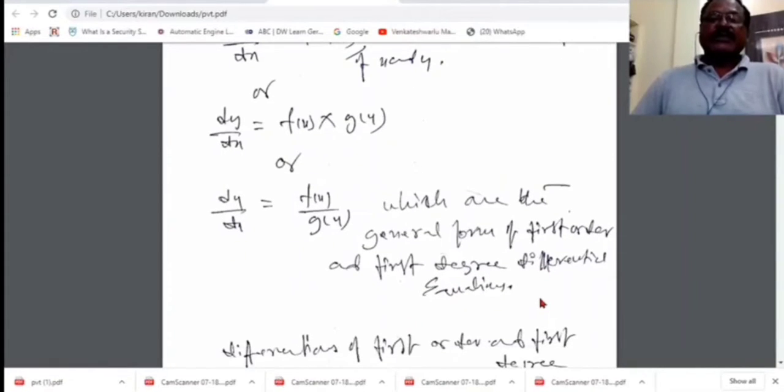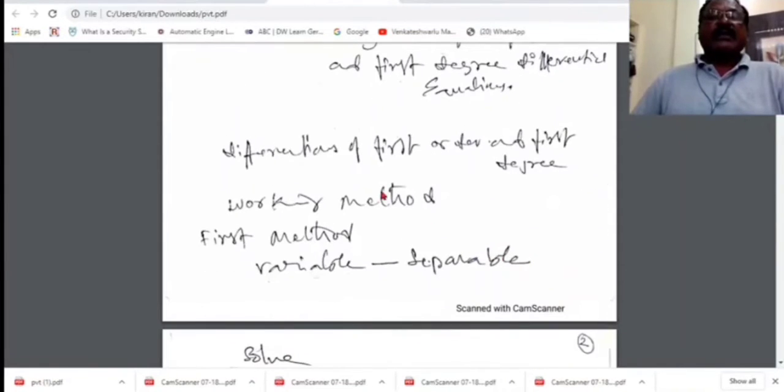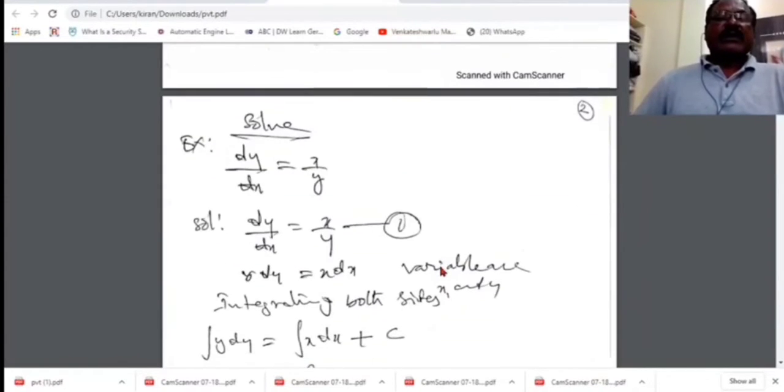Now, for solving first order first degree differential equations, the first method is the variables separable method. Some examples of the variable separable method: solve dy by dx is equal to x by y.